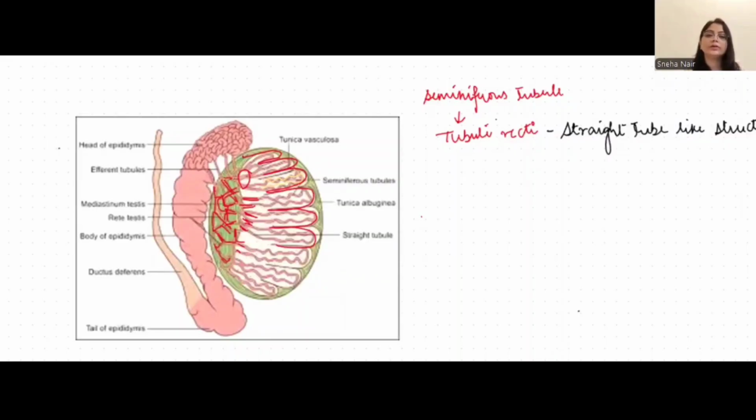So the sperm from the seminiferous tubule move to the tubuli recti, then they move to the network of tubules called the rete testis. So what is the rete testis? It is nothing but a network of tubules.